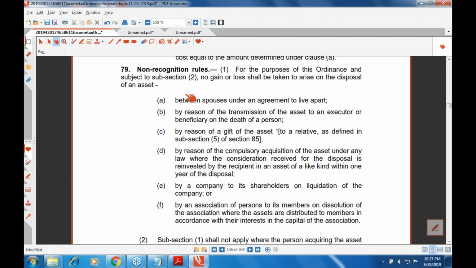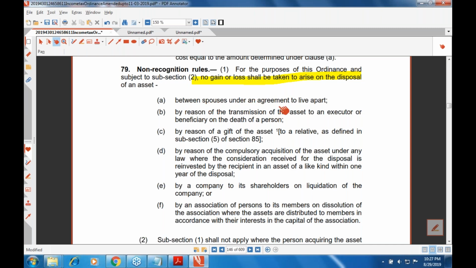The non-recognition rule says, for the purpose of this ordinance and subject to subsection 2, no gain or loss shall be taken to arise on the disposal of an asset. So these are the few situations where no gain or loss on disposal is computed.